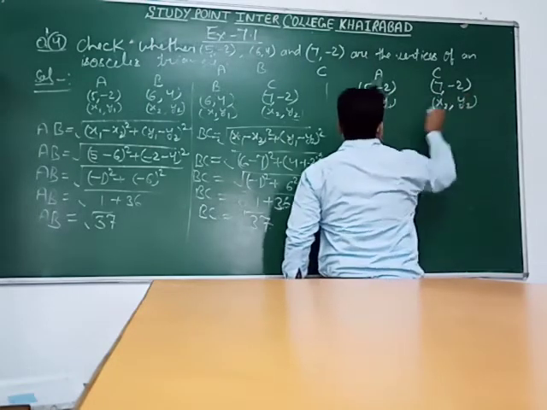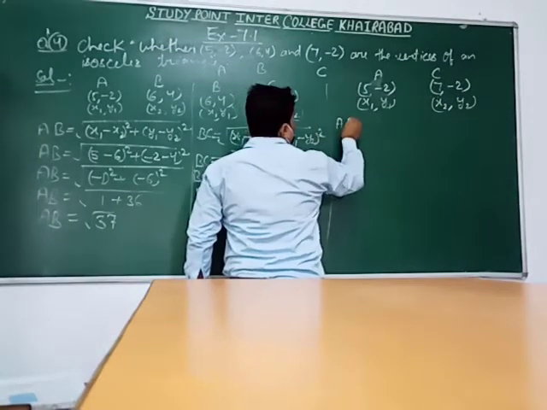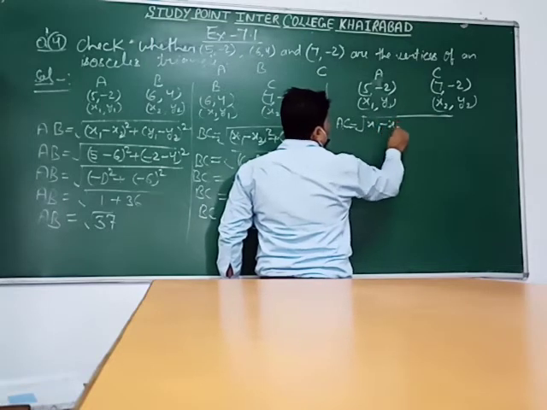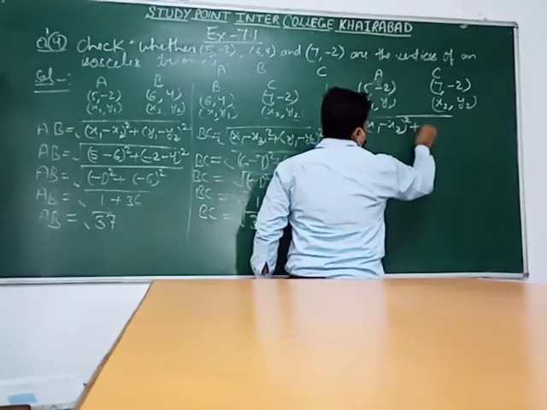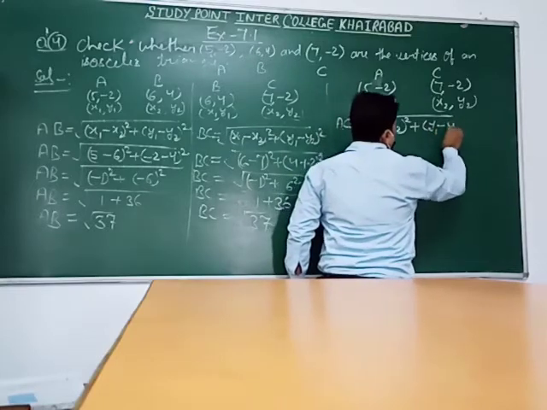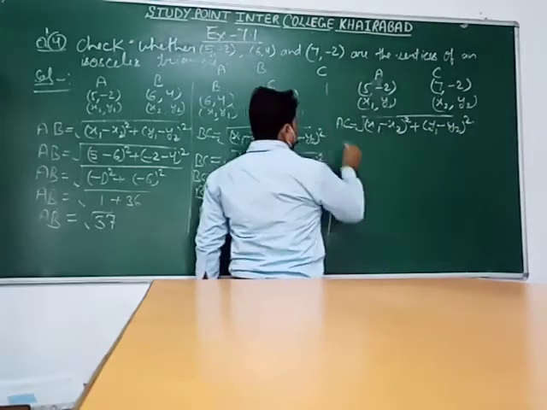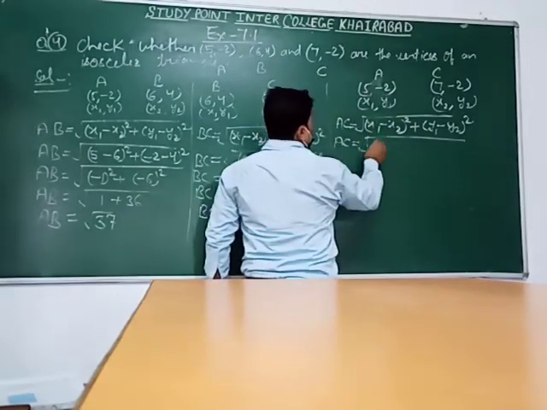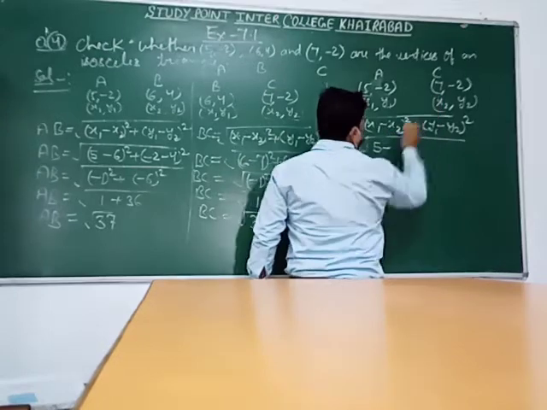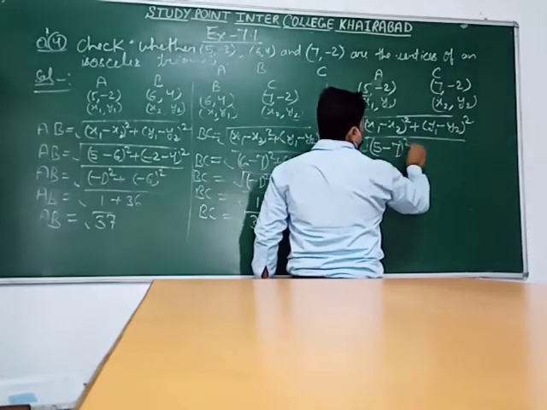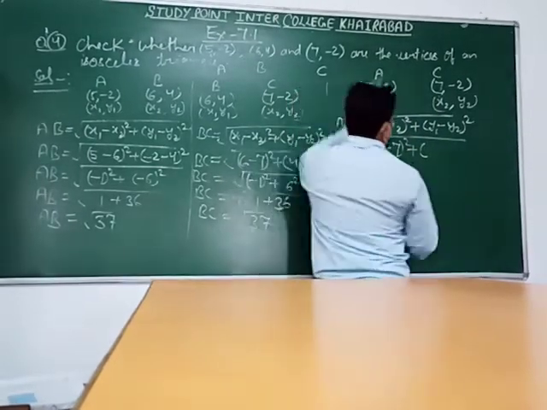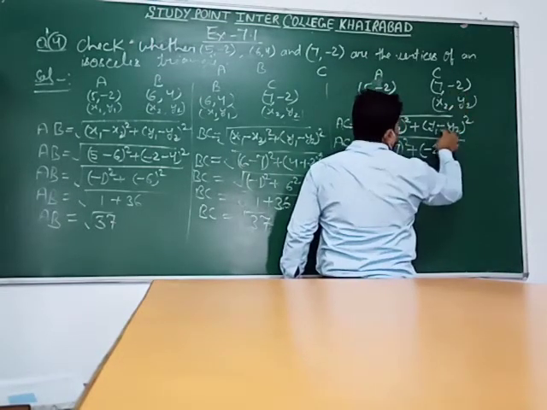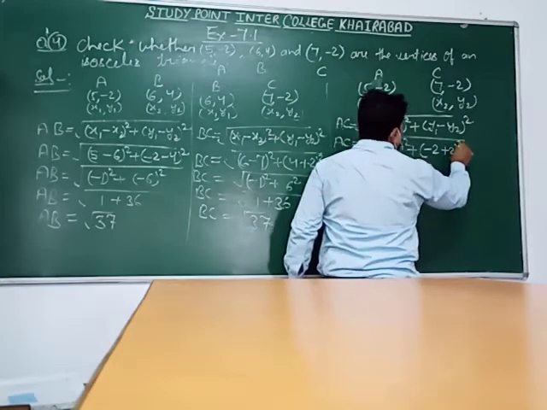AC is equal to the root of (x1 minus x2) whole square plus (y1 minus y2) whole square. x1 is 5 minus x2 is 7, square, plus y1 is -2 minus y2 is -2, and here it is minus, so it will be plus, square.